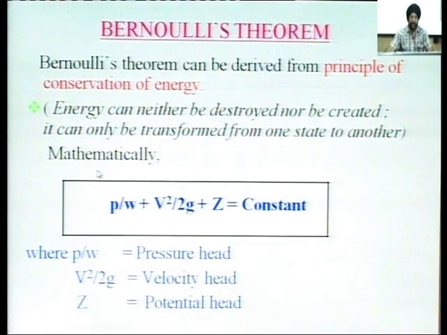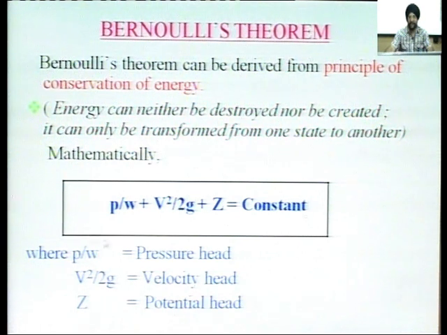And mathematically we write Bernoulli's theorem as P upon W plus V square upon 2g plus Z. This is the expression for the total head, adding all the three different heads. Now the addition of these three heads is equal to constant according to Bernoulli's theorem.